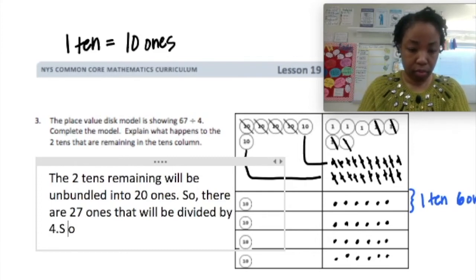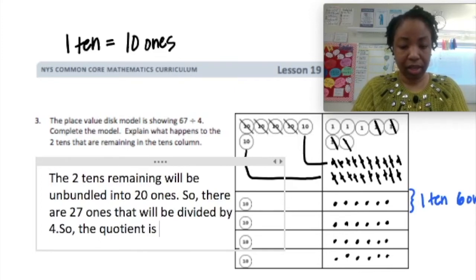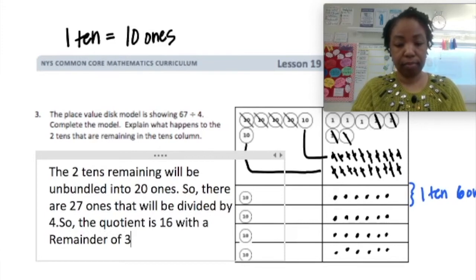So the quotient is 16 with a remainder of 3.